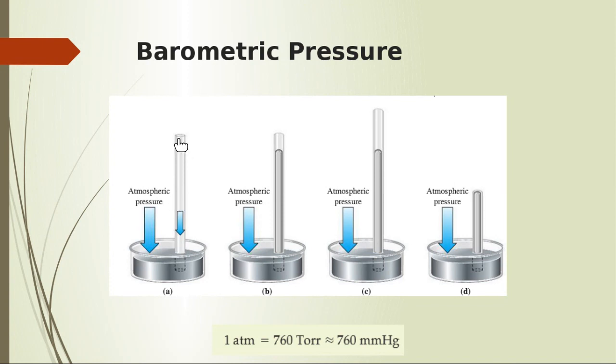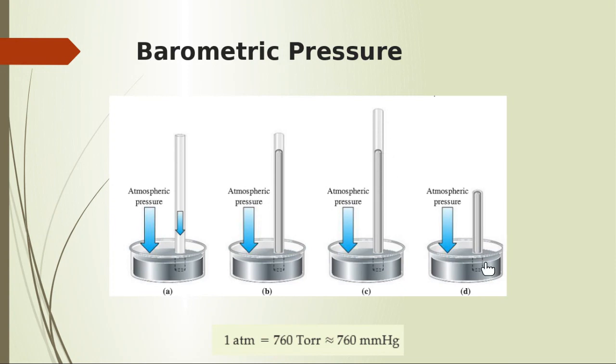This is the open-end tube, so these levels are equal. For B, a column of mercury 760 millimeters high is maintained in the closed-end tube. This is a closed-end tube. And C is the same, the same height, the same level here.